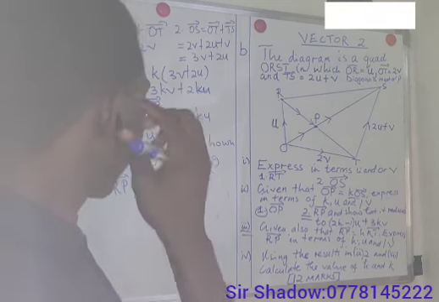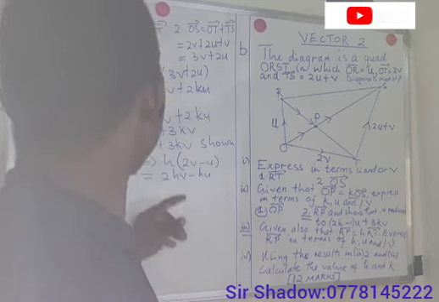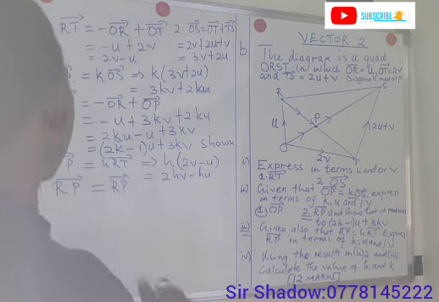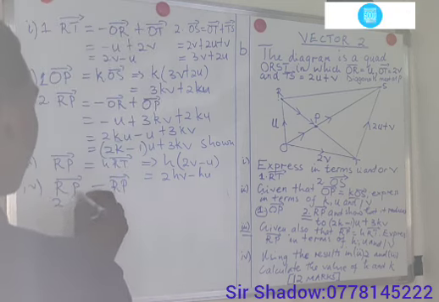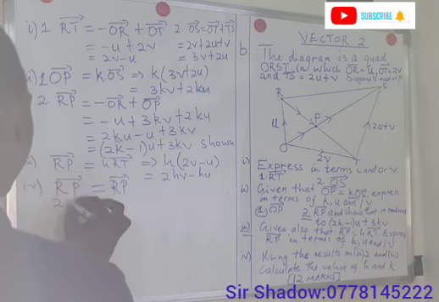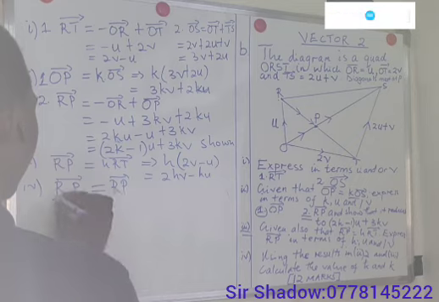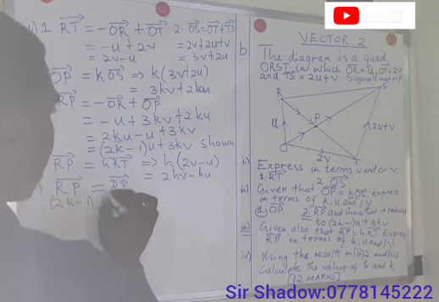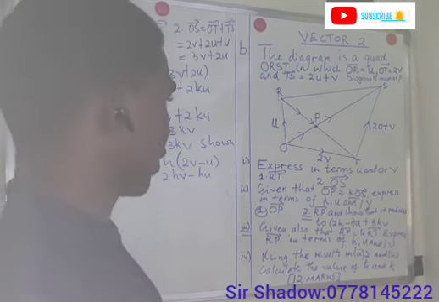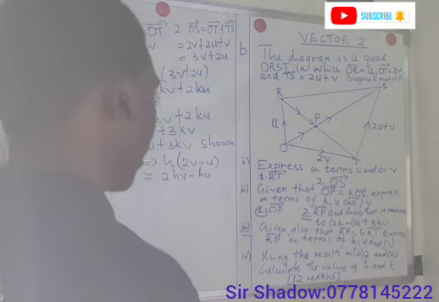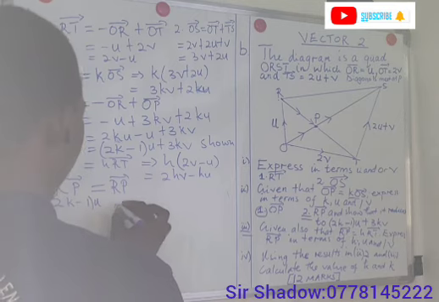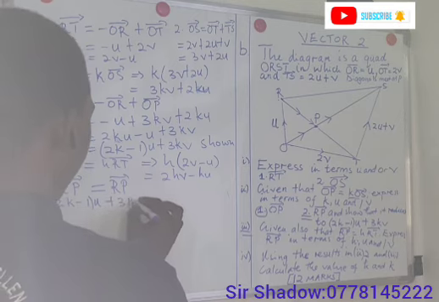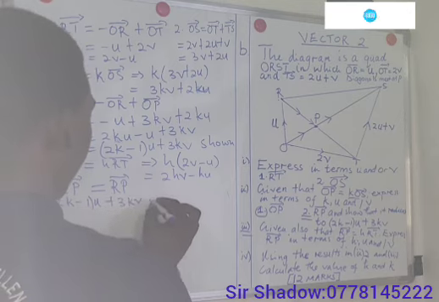But RP in item number 2, this one we were asked to show, is (2k minus 1) multiplied by u plus 3kv.